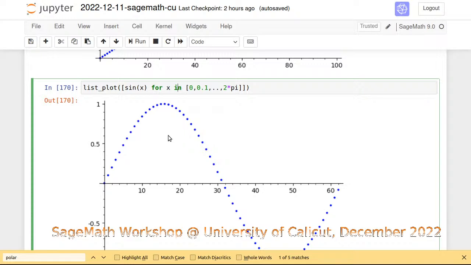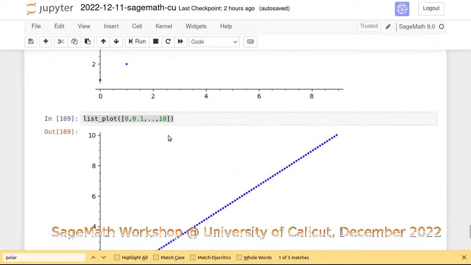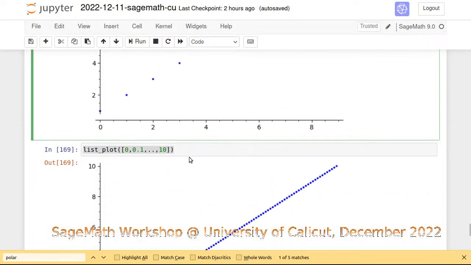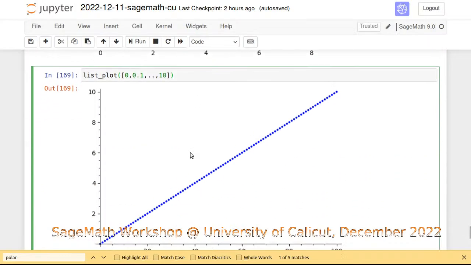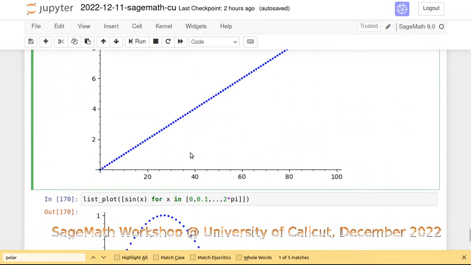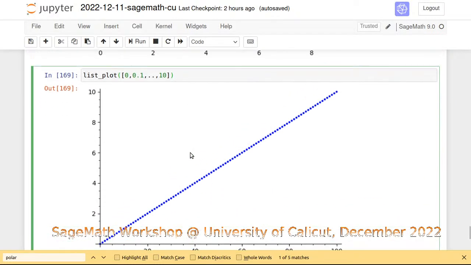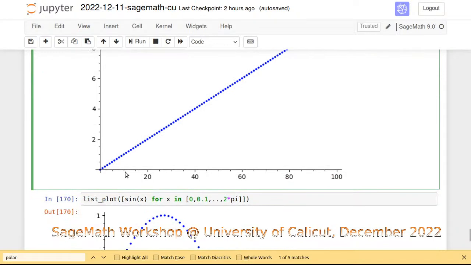That's what's happening here. Let's plot sine x for x. So here, what's happening? 1, 2, etc. after 10. And what's happening here? 0, 0.1, etc. See, 0 is plotted at 1 and 0.1 is plotted at 2, etc.